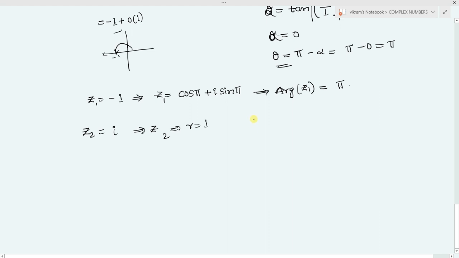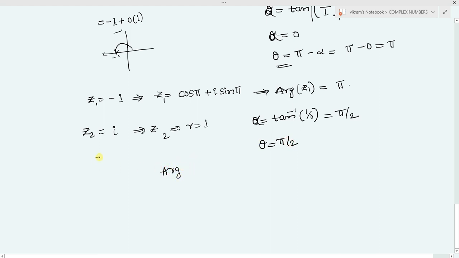Then we can write alpha equals tan inverse of 1 by 0, which is infinity, that equals pi by 2. So theta equals pi by 2, so we can write it as arg of z2.